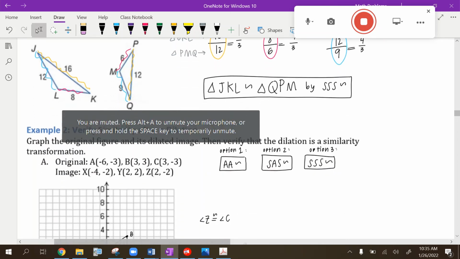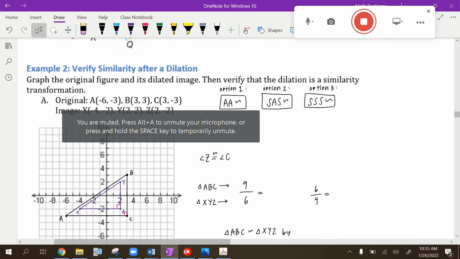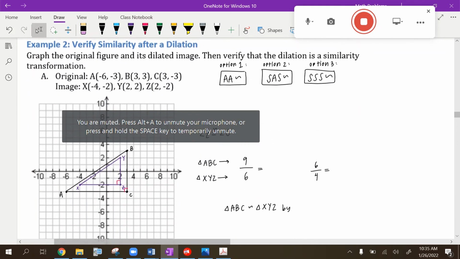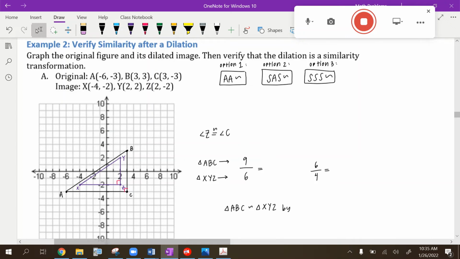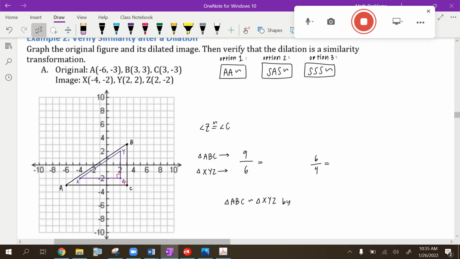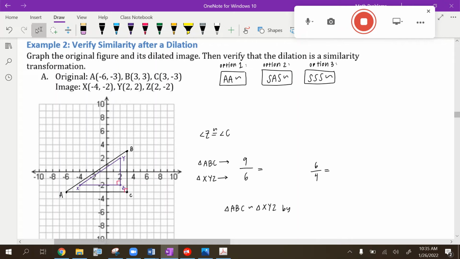Okay, so next we're going to look at this on a coordinate plane. So, this first one, we want to verify the dilation as a similarity transformation. I already graphed it, and I can automatically see right away that they have two angles that are congruent because they're both right angles. They're formed by a vertical and a horizontal line.